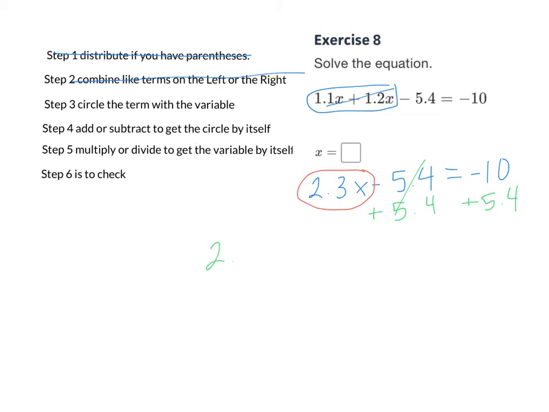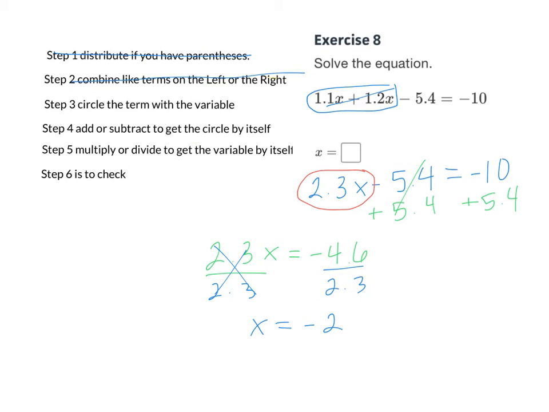So that's going to give me 2.3x is equal to negative 10 plus 5.4, which I believe is a negative 4.6. Now instead of multiplying by 2.3, we're going to divide both sides by 2.3. So we're going to get x is equal to negative 4.6 divided by 2.3 is going to be negative 2.